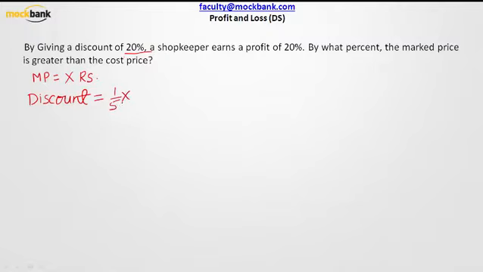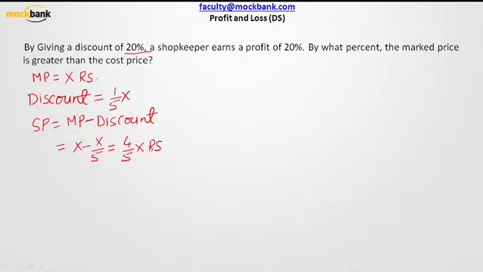One fifth of X. So the total selling price will become marked price minus discount, because selling price is what the customer is going to pay. So x minus x over 5 gives me 4 over 5 x. So this becomes the selling price.